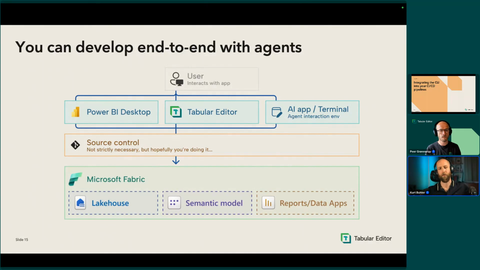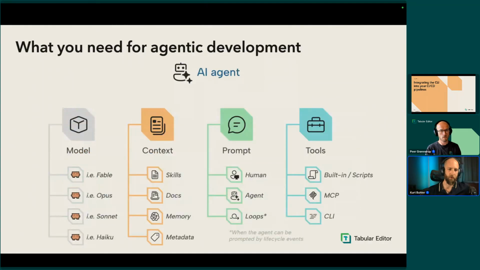If you were to think about, okay, what do I need to get started with agentic development? What are the ingredients to bake this agentic cake? There are basically 4 different things you need to think about. There's the models and the different families of models that do different things and work in different ways. There's context, like skills, docs, memory, metadata. Metadata, for example, being your semantic model metadata.